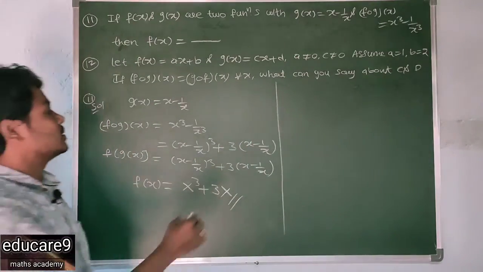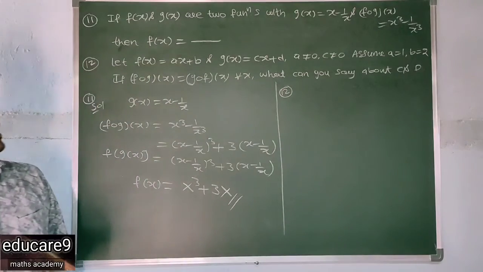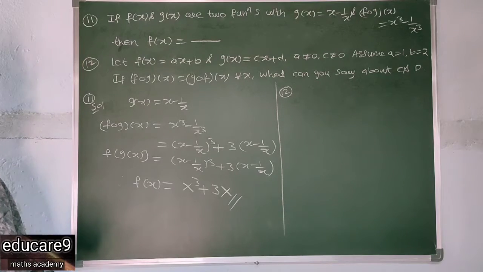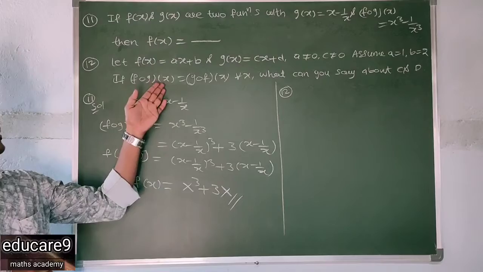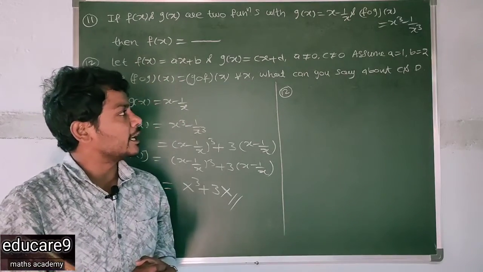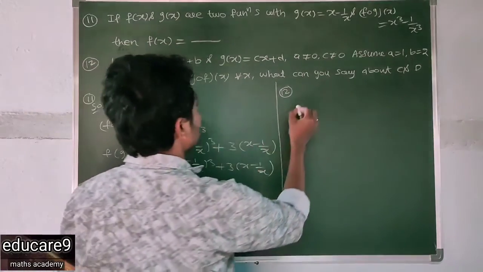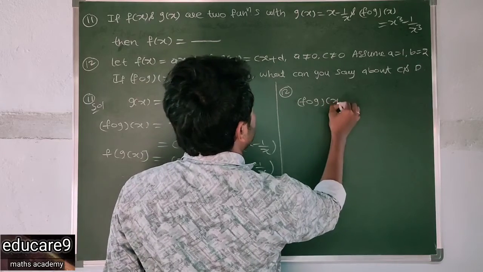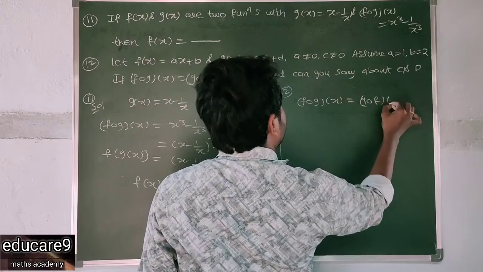Question number 12. So here also both functions are given. Assume that a is 1, b is 2 and two composite functions f circle g of x and g circle f of x are equal. Then what can you say about c and d? See here, f circle g of x is equal to g circle f of x.